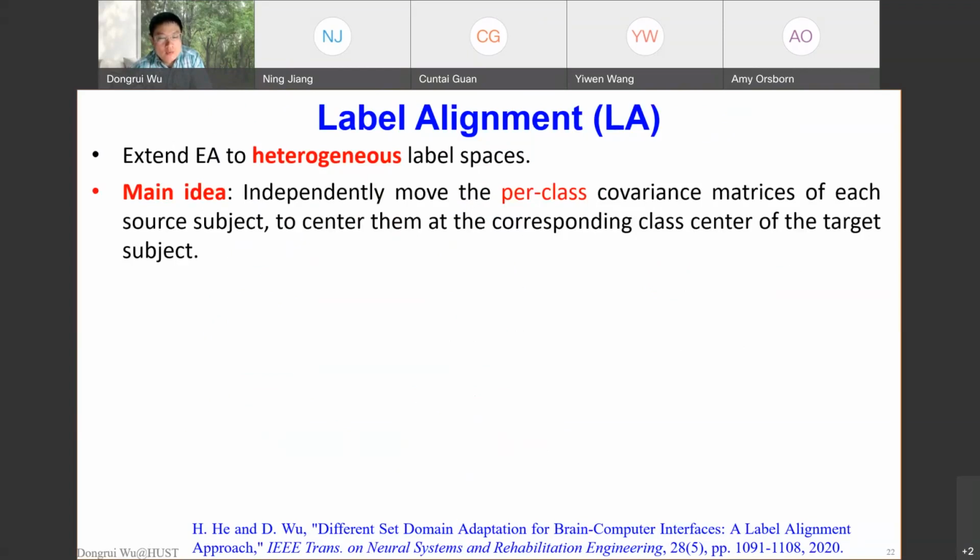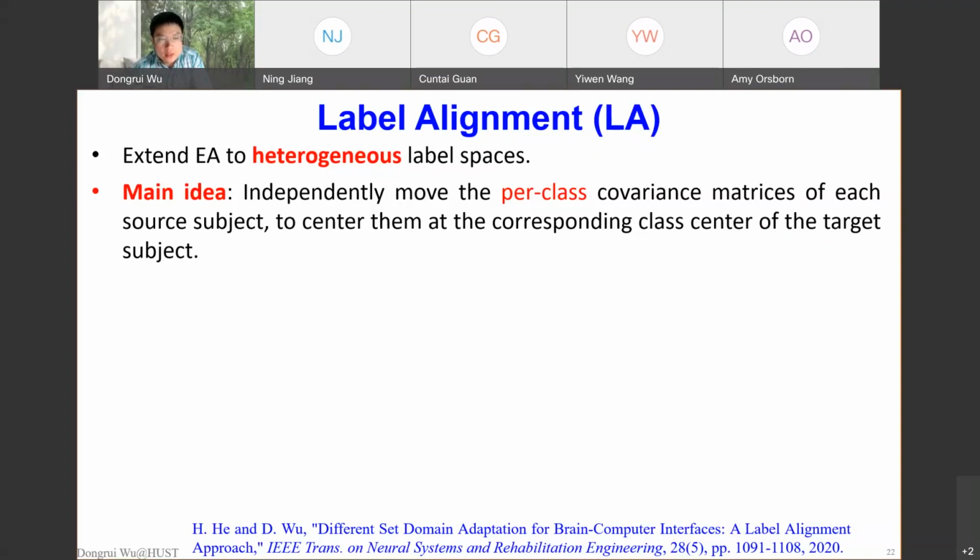That is, for Euclidean alignment, we try to align the overall distribution of data from each subject. But here, in label alignment, we consider each class separately, and for each class, we try to align the data from the 2 domains. And this is the general idea.